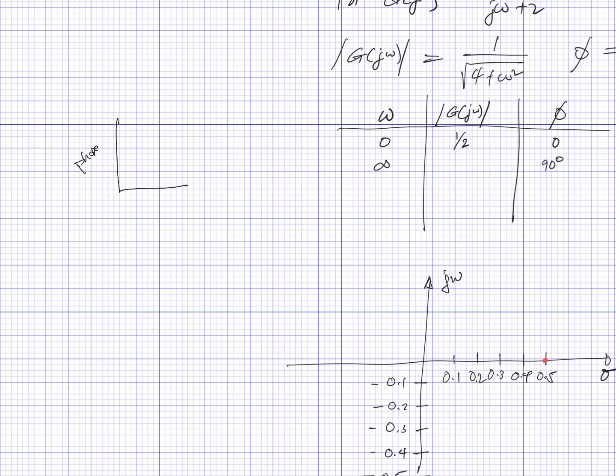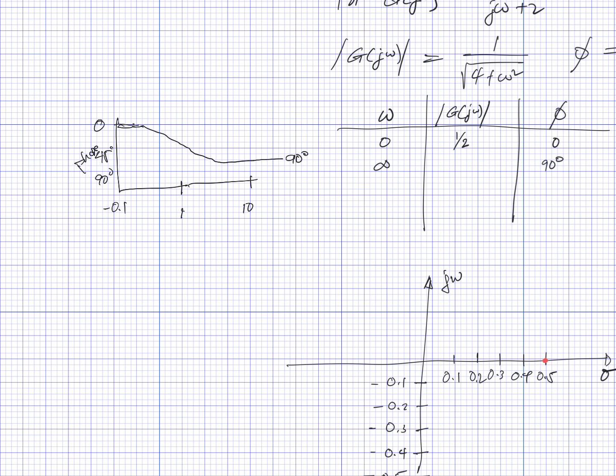Remember, you have 0, 45 degrees, and 90 degrees for every decade, right? We have this, and then 45, and then 90.